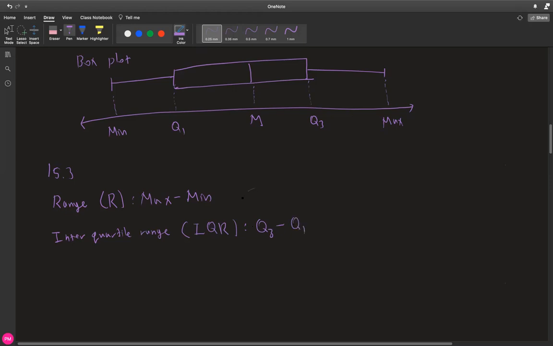We should know that the range, because we're taking the difference between the minimum and the maximum, contains 100% of the data. And the interquartile range, it's containing from here to here, and it's simply saying it's the middle 50% of the data.